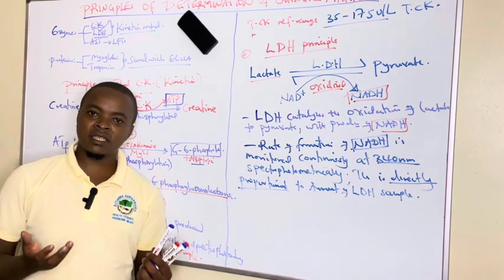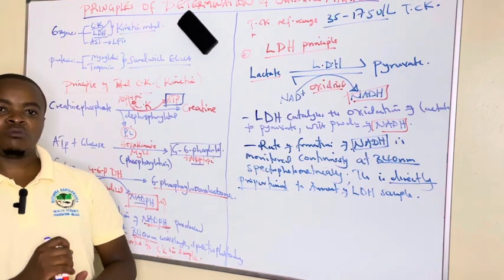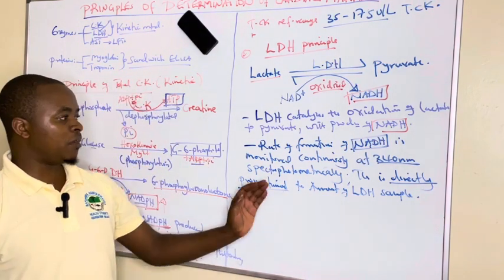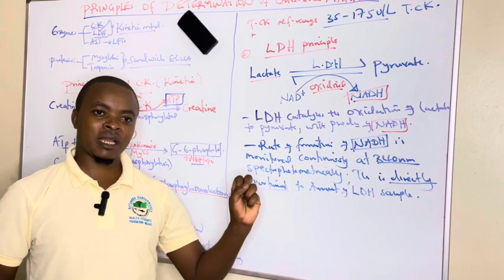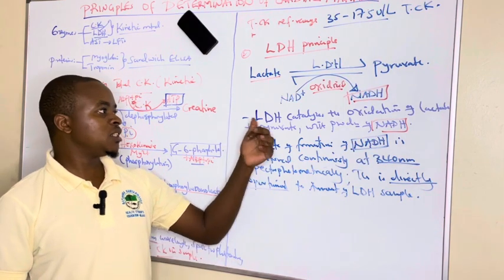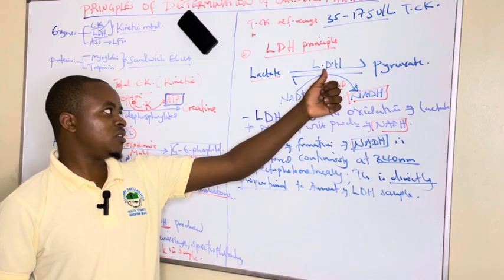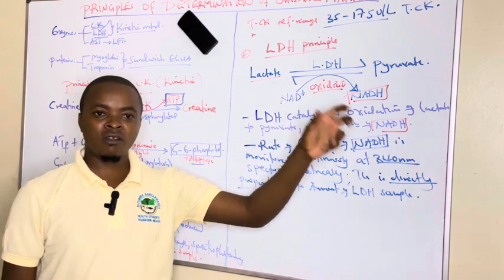So this is the kinetic method we are using to quantify the amount of LDH in the blood sample of our patient, utilizing the production of NADH in the presence of LDH catalyzing the oxidation of lactate.